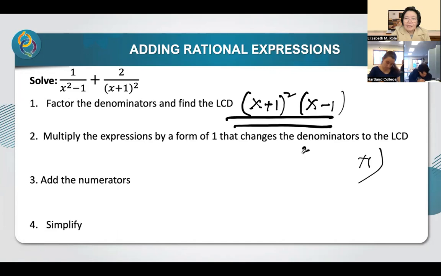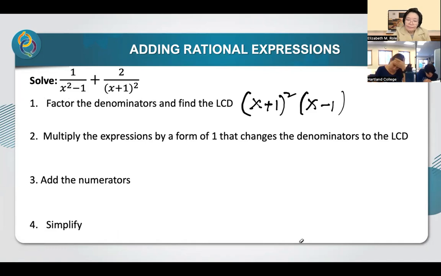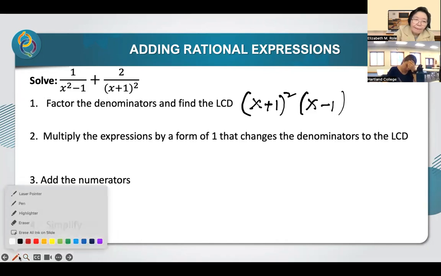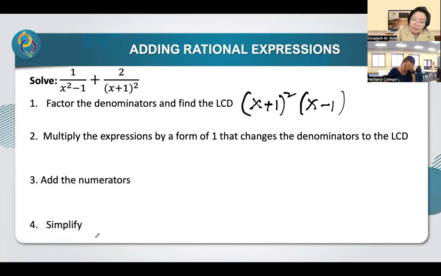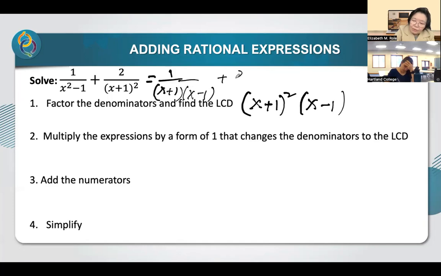So we'll use that as our LCD now, x plus 1 squared. Okay, I just want to rewrite the fractions. So this is the same as 1 over x plus 1 times x minus 1 plus 2 over x plus 1 squared.